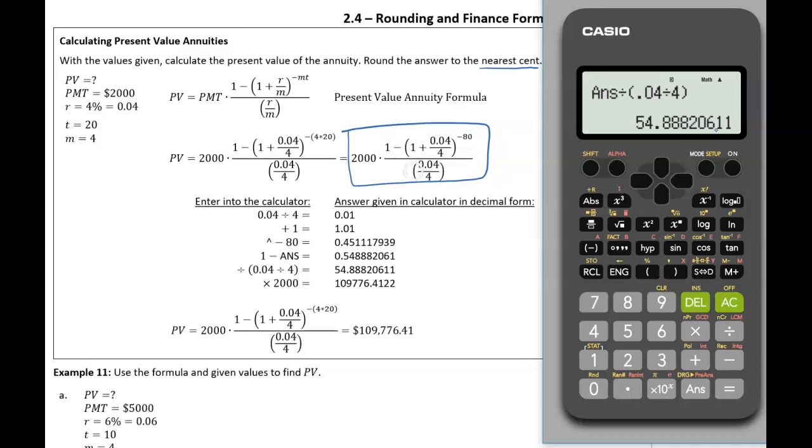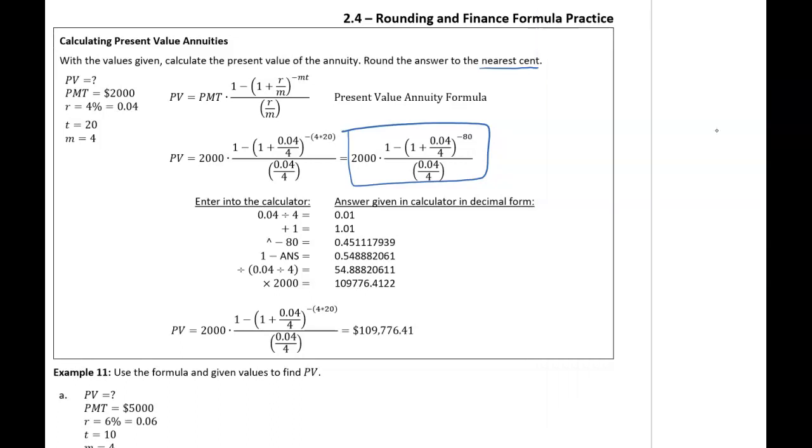Well, it's our answer for the fraction, but it's not our answer for the whole problem, because what do we still have in the front? We have that 2,000. So we're keeping that till the very end. And there's my answer: 109,776.4122.